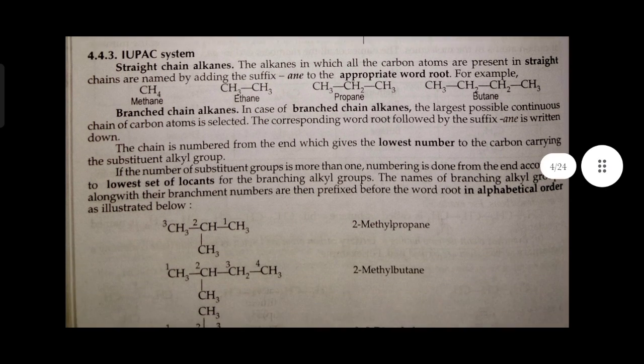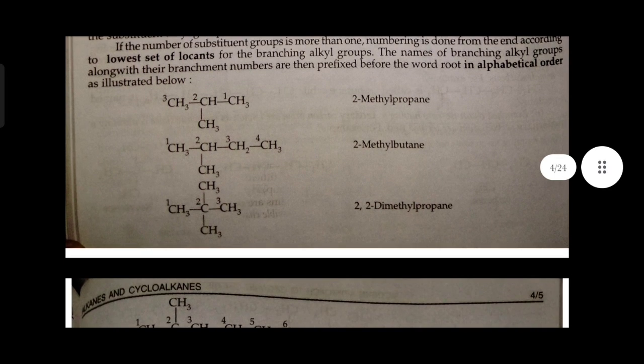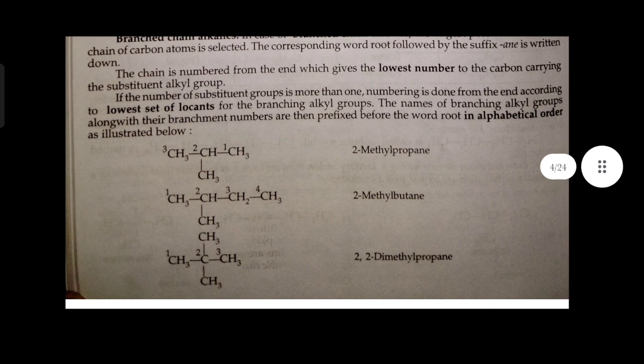If the number of substituent groups is more than one, numbering is done from the end according to the lowest set of locants for the branching alkyl groups. The names of branching alkyl groups along with their branchment numbers are then prefixed before the word root in alphabetical order. You can see this arrangement in 2-methylpropane or 2-methylbutane or 2,2-dimethylpropane.